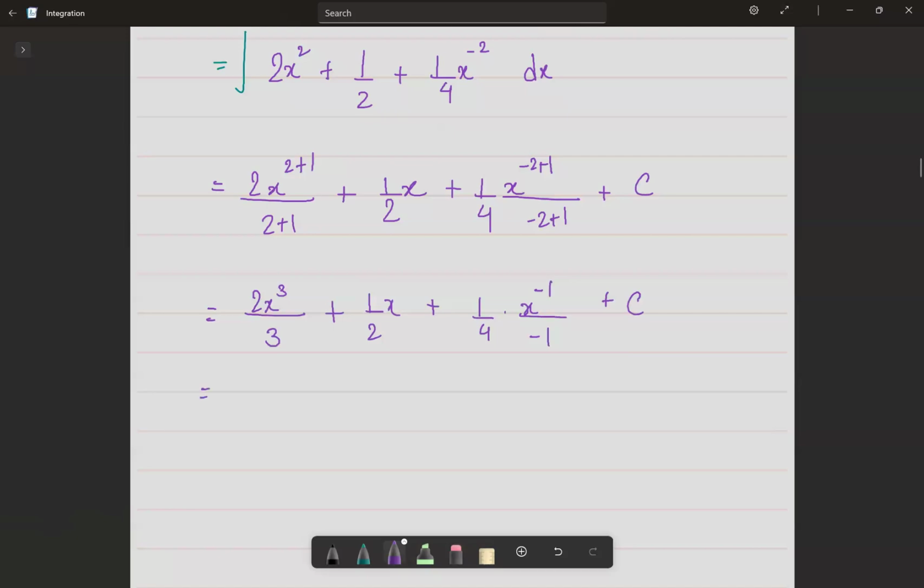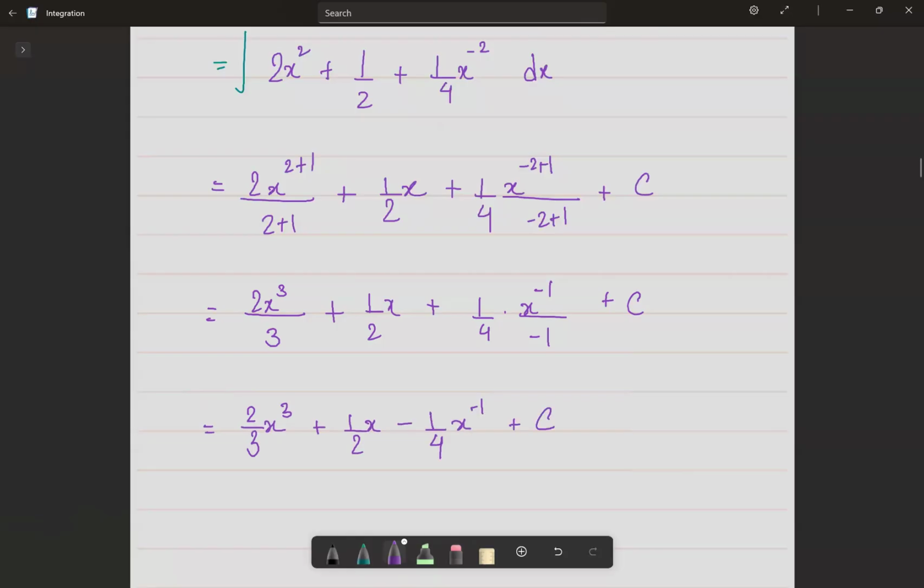So we get 2 by 3 x cube plus half x, then 1 by 4 into negative 1, which gives us negative 1 by 4, and then x to the power of minus 1 plus c.